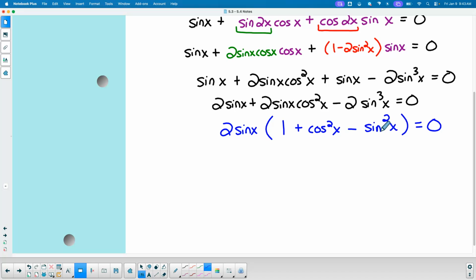What do you want to do next? I know what I want to do next, but I want to hear what you guys want to do next. Switch the cosine squared x to 1 minus sine squared of x.